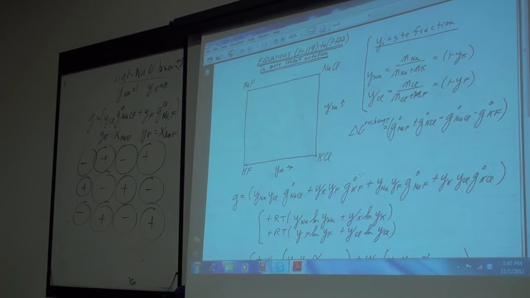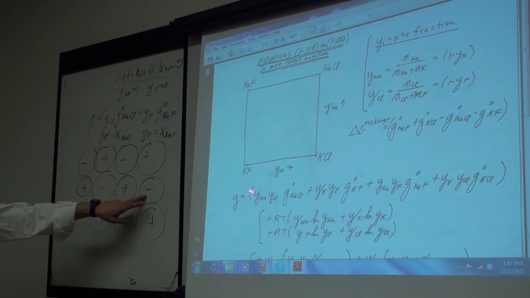Or put another way, what is the probability that this is a sodium and this is a chlorine? It's Y sodium times Y chlorine. This is the number of sodium chloride nearest neighbors, this is the number of potassium fluorine nearest neighbors, sodium fluoride, KCl nearest neighbors.